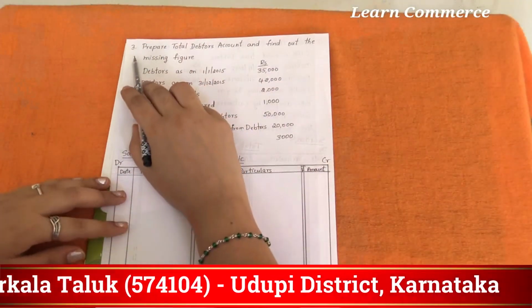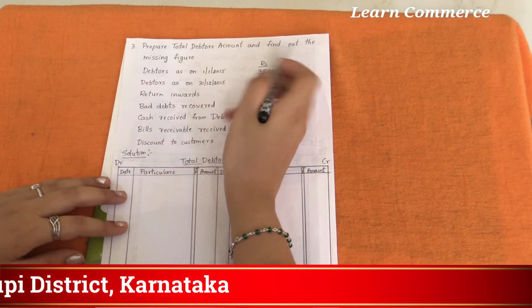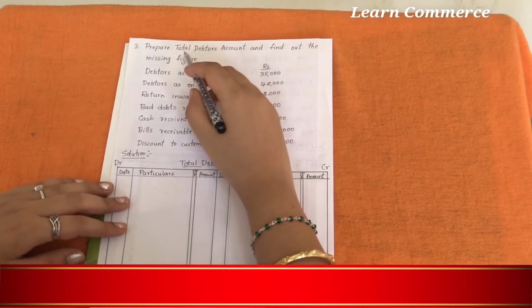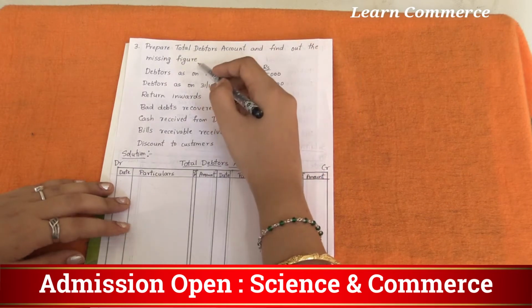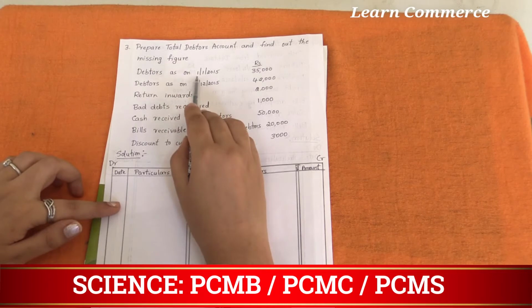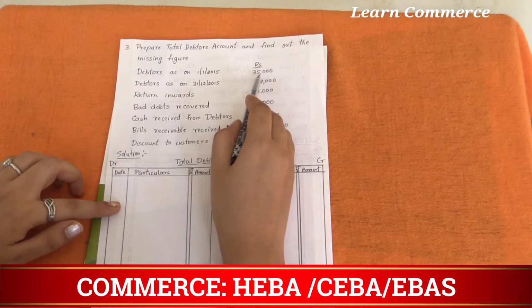Third problem: prepare total debtors account and find out the missing figure. The question itself tells us to prepare the total debtors account, and we have to find the missing figure. See, debtors as on 1st January 2015, 35,000.